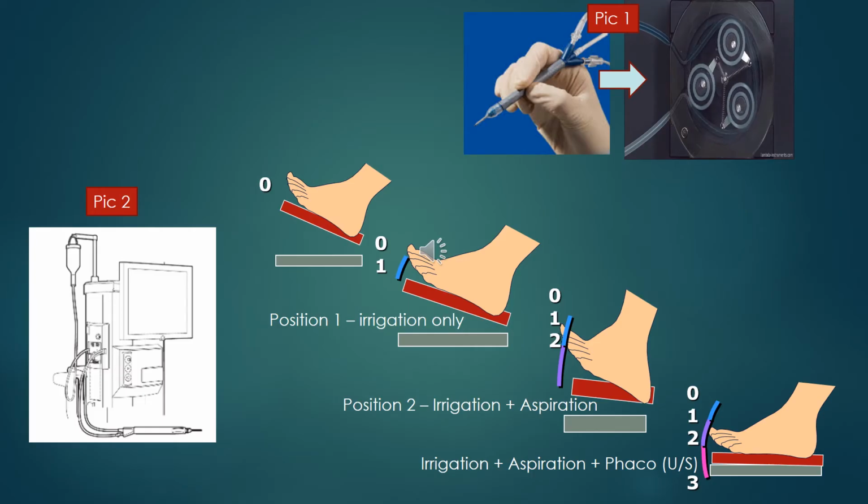All right, now let us understand the peristaltic pump, how it draws fluid from the eye, and how it relates to the foot pedal signs. So what you see in figure 1 is the peristaltic pump. The word peristaltic comes from the word peristaltis, which means something which squeezes, contracts, and releases.